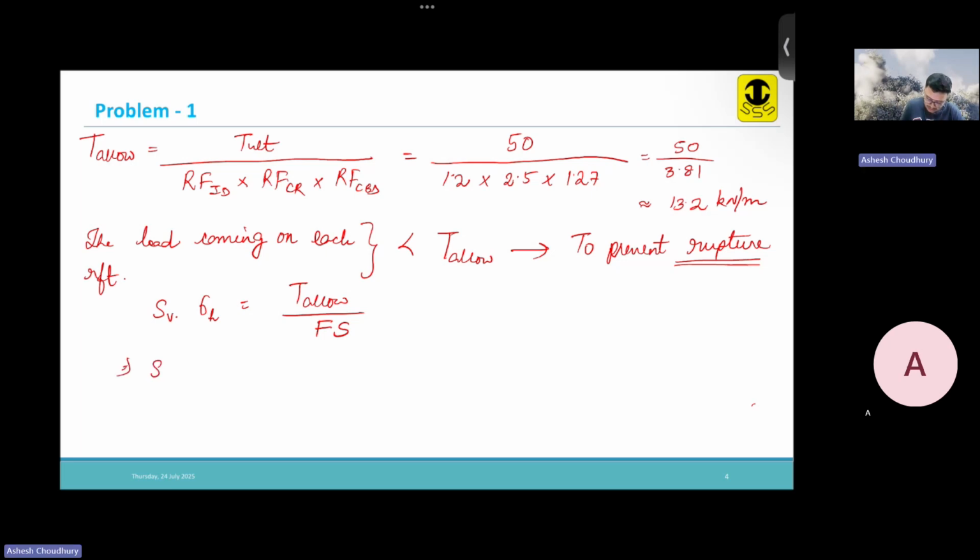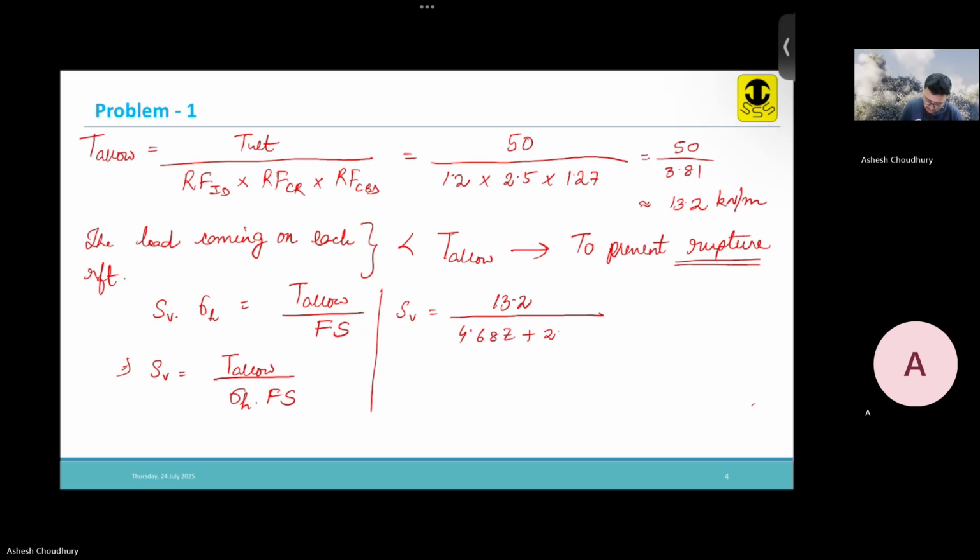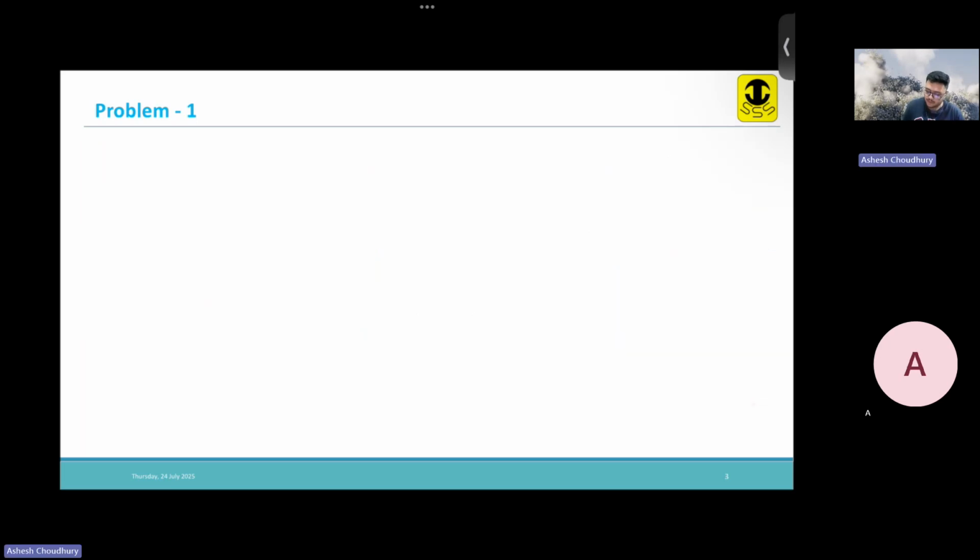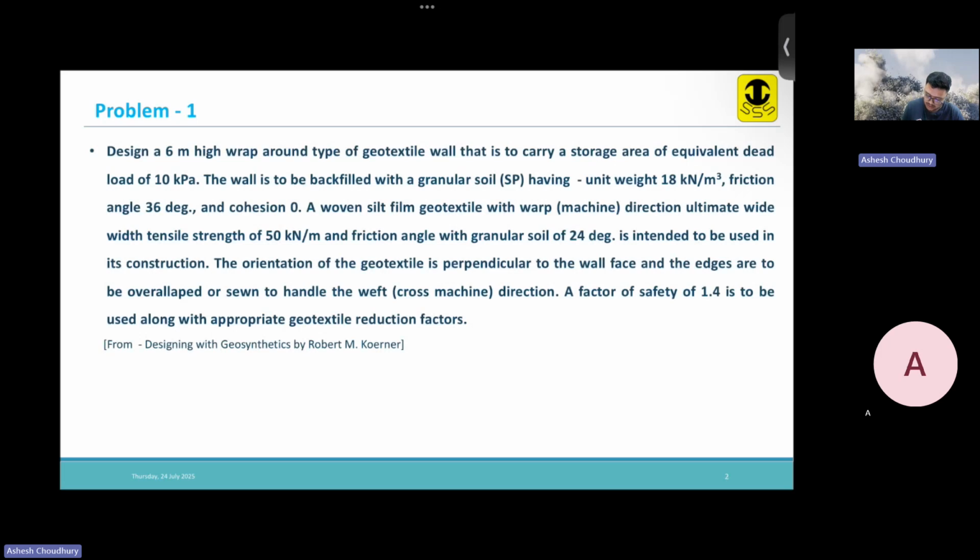So what will be my spacing? This factor of safety 1.4 is already given to us in the question.